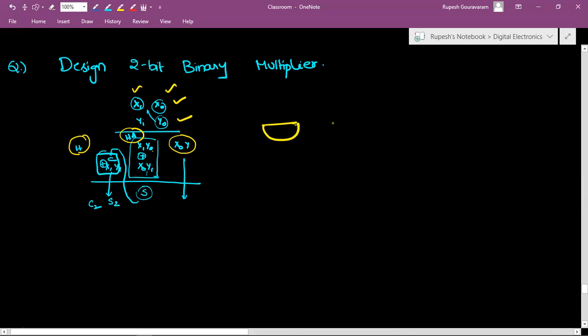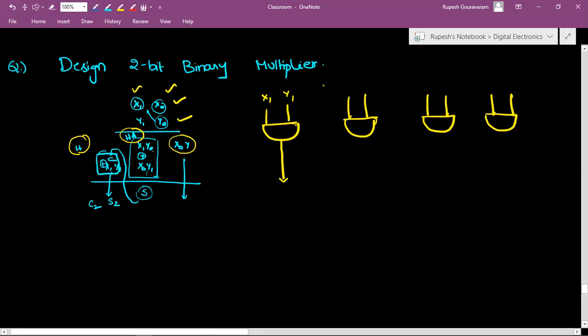There is an AND gate. The inputs of this AND gate, let us say this is x1 y1. Let us take 4 AND gates. So this has x0 y1.